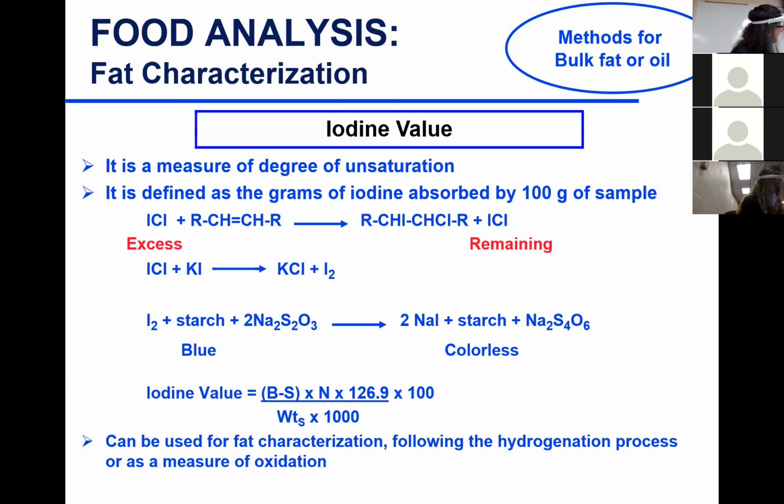Now, what is 126.9? It's the molecular weight of iodine. Okay, and we divide by the weight of the sample and multiply by 100, to get grams per 100 grams of sample.